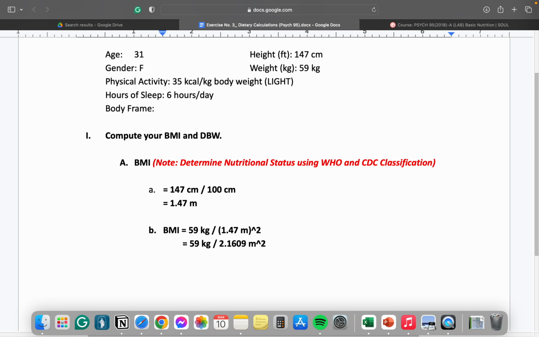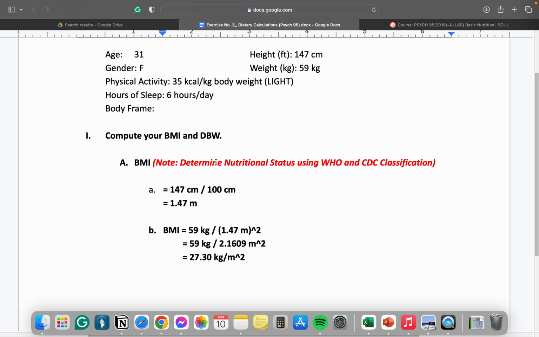So 59 divided by 2.1609, that's 27.30. You can just round it up to the nearest second decimal point. So this is in kilograms per meter squared.